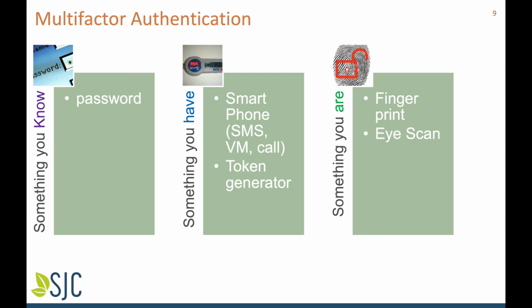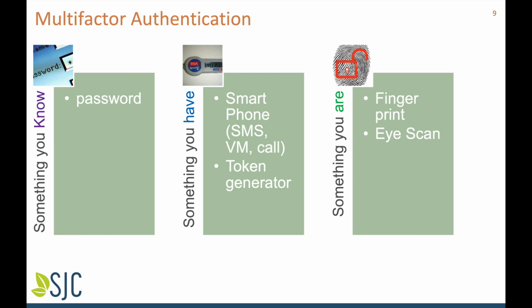Now let's go to the third category. Third category is something you are. So that's like biometric. That can be a fingerprint, your eye scan, and those kind of things. So what multi-factor authentication means, out of these three things, something you know, something you have, something you are, if you use any two together for authentication, that process is called multi-factor authentication, and chances of compromising an account go drastically low.